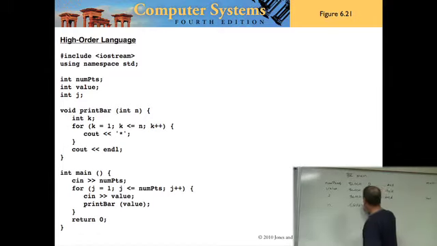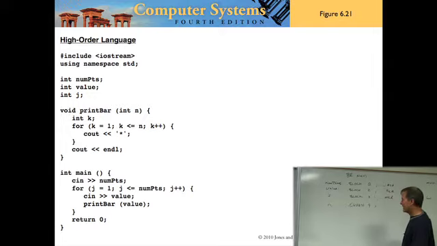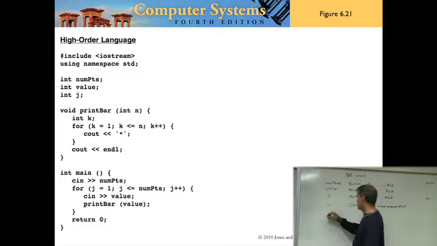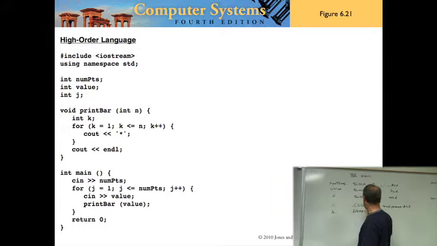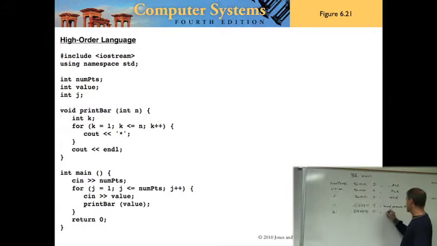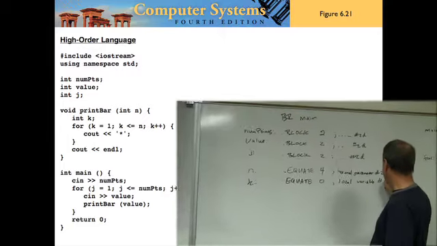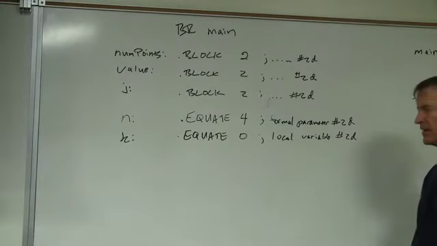Okay, so dot equate 4, and then a comment: formal parameter, and that's a pound 2D, right? Are you with me? Is everybody clear? And then K, and that is dot equate 0, but that's not a formal parameter, that's a local variable, and pound 2D, right? That's how we want it to be displayed.